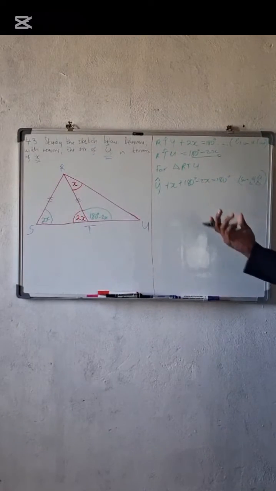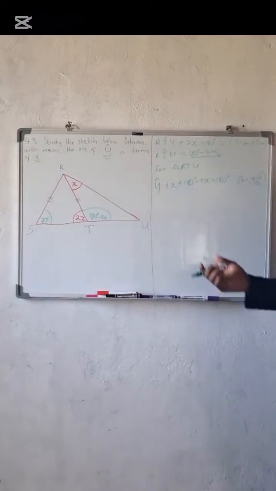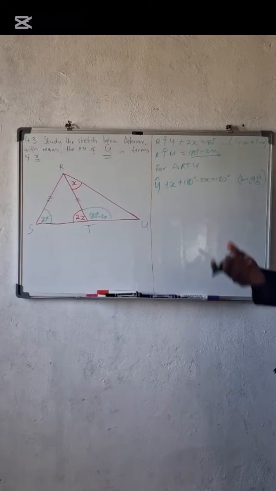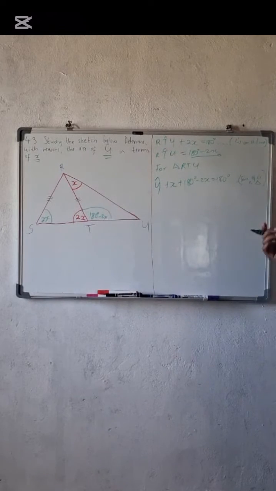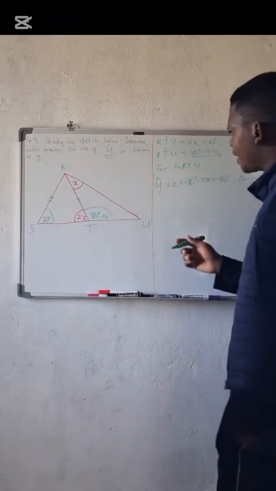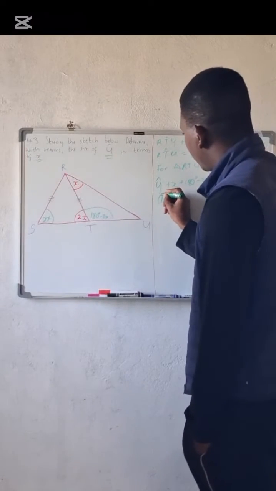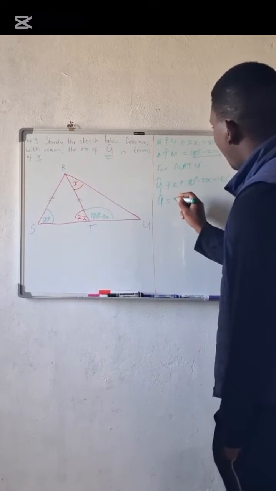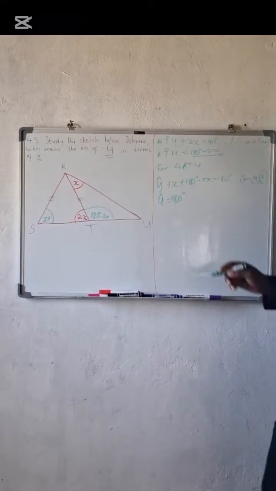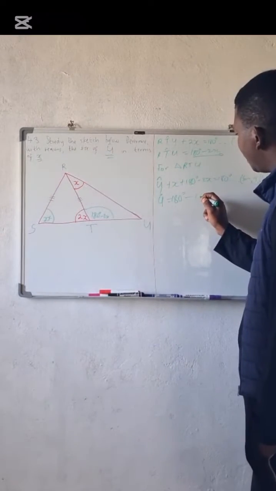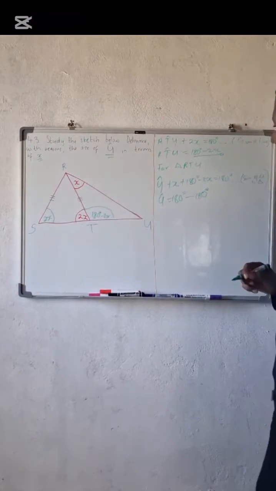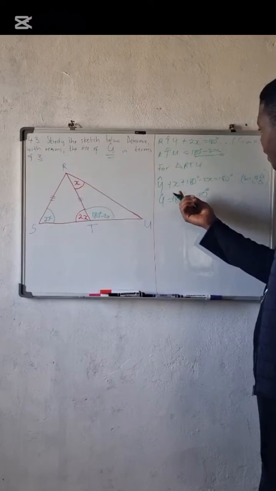What I need to do next is isolate the u that I'm looking for. Take everything to the right, because now I'm writing everything in terms of x. There's no taking variables to the left and numbers to the right this time. I need to take everything to the right since I'm looking for this angle. u is equal to, I have 180 degrees already on the right, so minus 180 degrees. Okay, let's add these two.